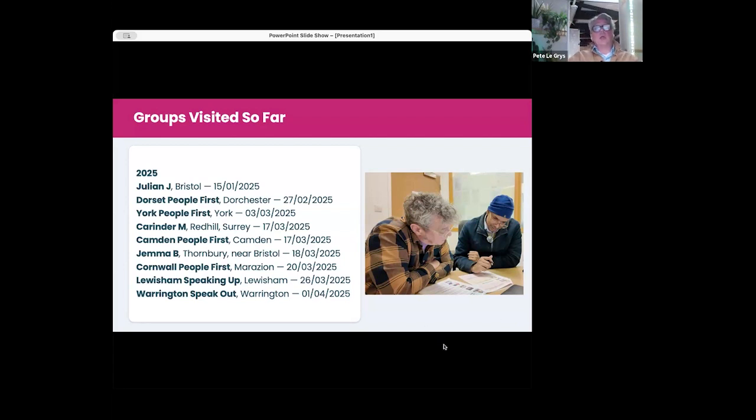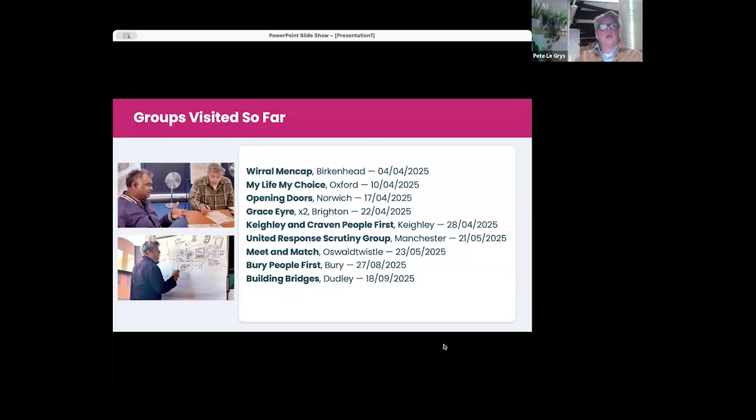We go to the next one, Ollie. So there was one there from United Response Scrutiny Group. So this is a thing where we're now talking to groups that might be ambassadors to organisations, Easy Read champions or part of scrutiny groups or advisors. So it's not just the People First movement or 100% pure self-advocacy groups now.